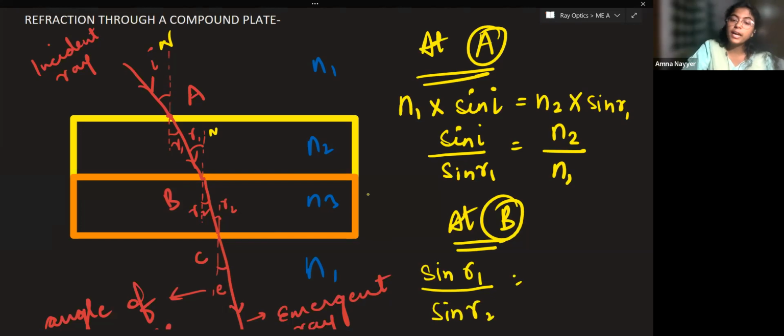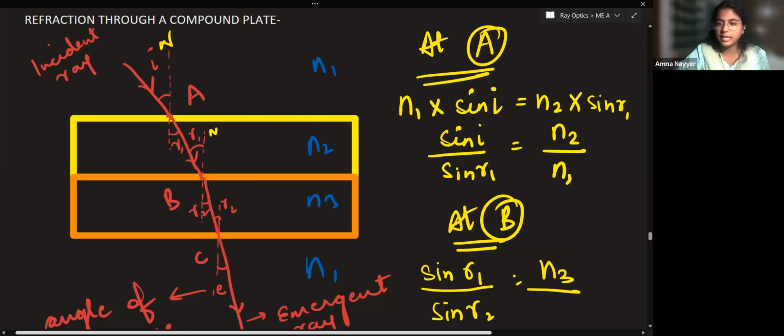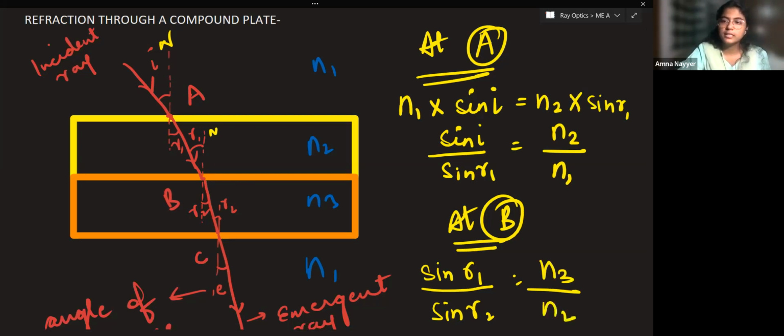First you write the medium in which the ray has entered, that is N3, divided by the medium of the incident ray, that is N2. Again repeating, if you want, you can write it as N2 multiplied by sine R1 is equal to N3 multiplied by sine R2.